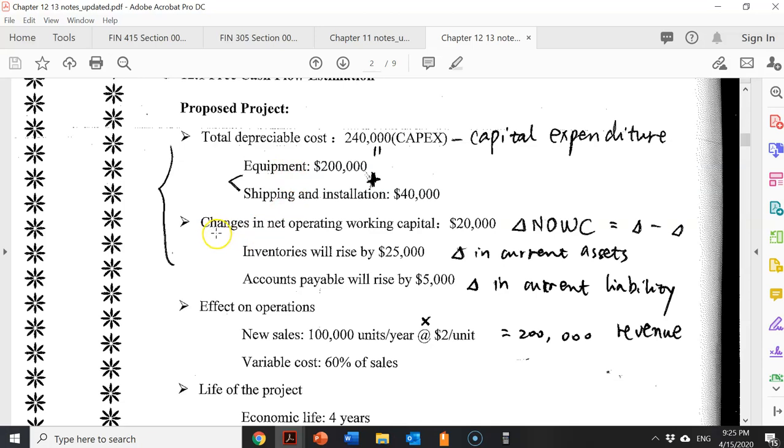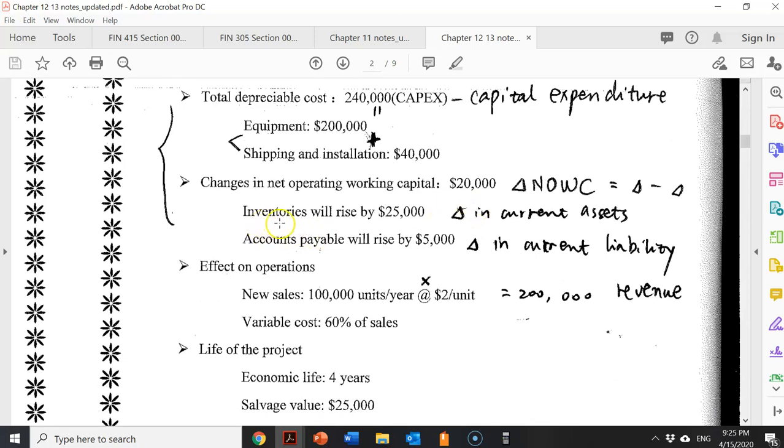We also have another part of the initial cost, that is changes in net operating working capital, which is 20,000 for this project. It includes inventory. The inventories will rise by 25,000. At the same time, accounts payable will rise by 5,000. So the change in current assets is an increase of 25,000, with inventories increasing by 25,000, and the change in current liabilities is 5,000, with accounts payable rising by 5,000.